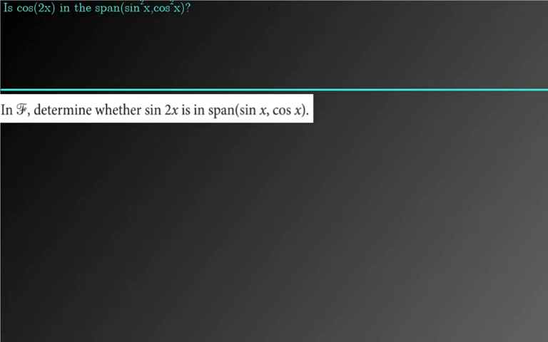So one of the things we talked about last time briefly was the span in these abstract vector space problems. And so you can do things like this. You can say, is cosine 2x, this function, in the span of these two functions? You think of these as vectors, okay?